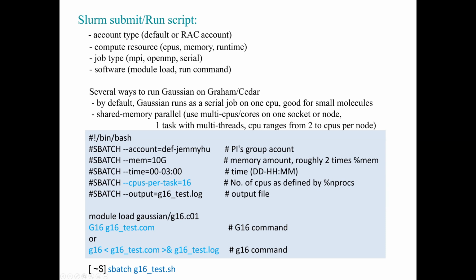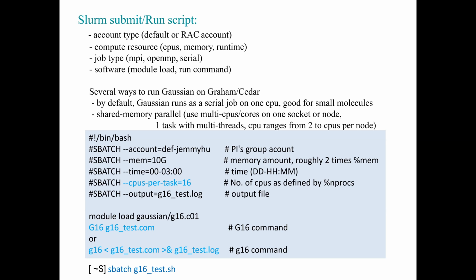And for Gaussian itself, we have a script with the command capital G16. That's a script we made, and we made it for just one purpose: it redirects all the runtime files to your scratch directory.